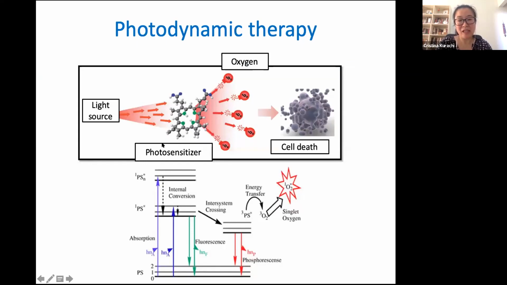When it is activated, the main mechanism of action relies on the production of singlet oxygen, which is a highly reactive and highly oxidative species. Where it is produced, this results in damage to different biomolecules. And in this case, what we are looking for is microorganism cell death.